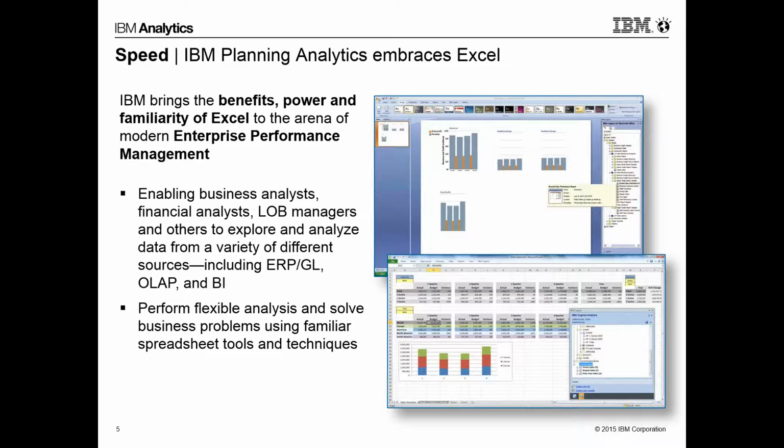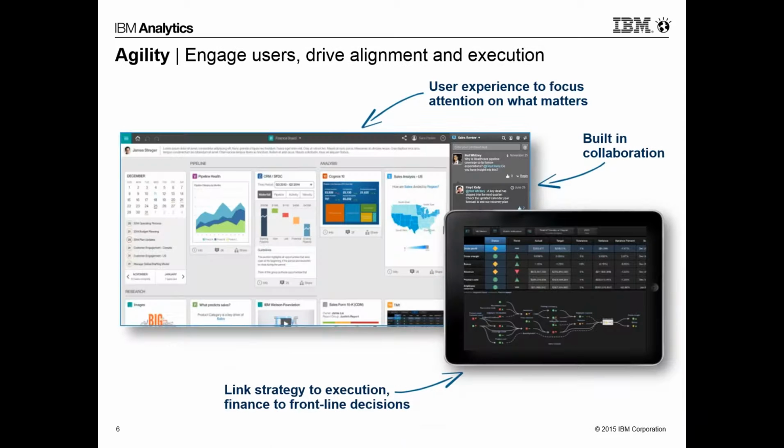And you'll see how users can explore and analyze data from lots of different sources using a familiar spreadsheet interface. And what that allows the organization to do is to give the analysis capabilities down to many more users in the organization. And on the theme of agility, you'll see how it's very easy for users to create and customize their own views.